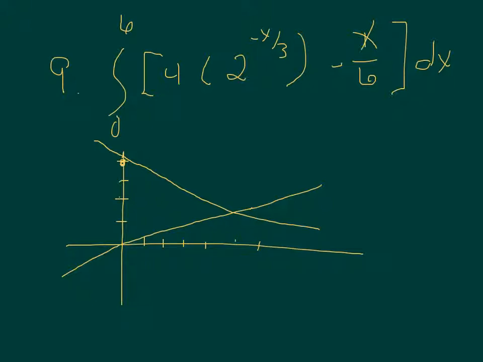Now this is my upper function, this is my lower function. They probably intersect here at 6. It should probably be further over.